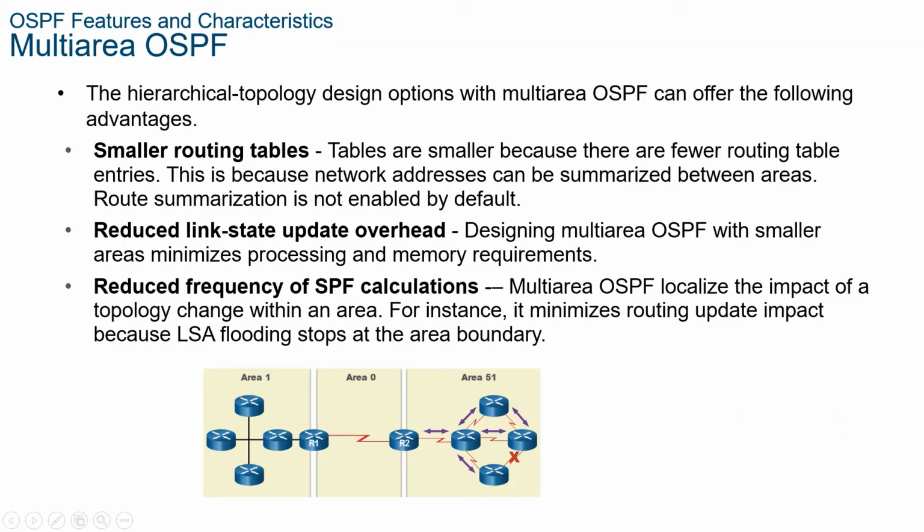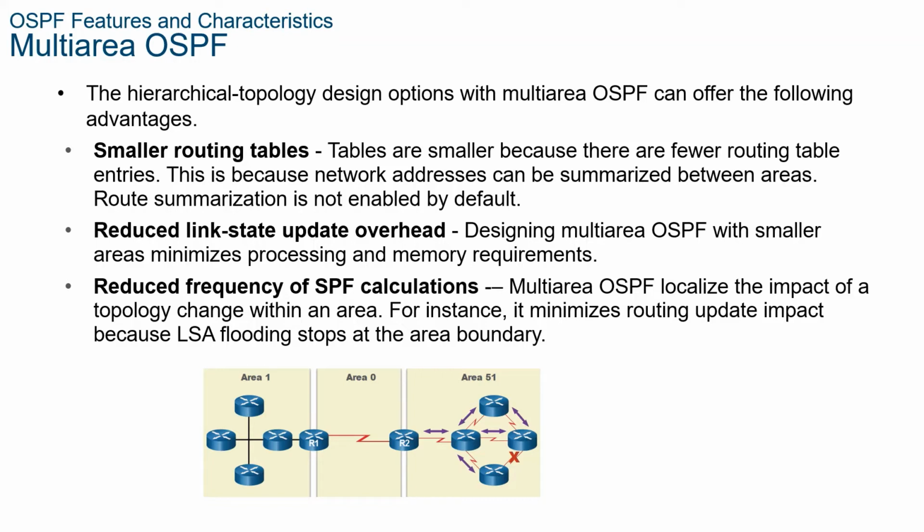For instance, anytime a router receives new information about a topology change within the area, including the addition, deletion, or modification of a link, the router must rerun the SPF algorithm, creating a new SPF tree, and update the routing table.